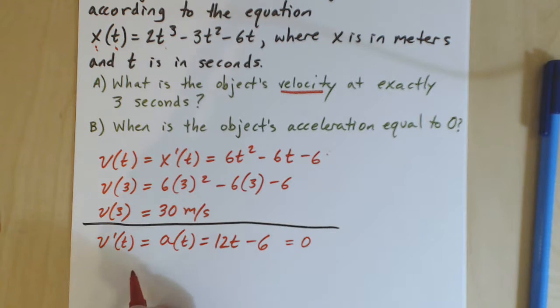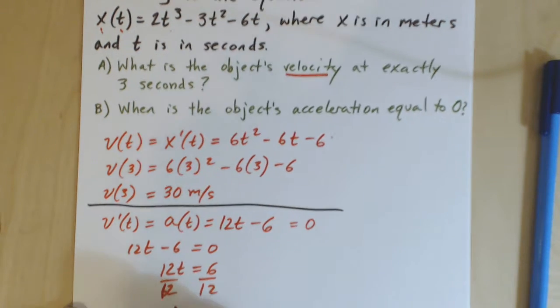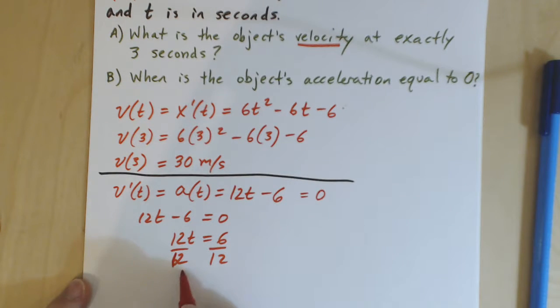So when does this equal 0? Let's set that equal to 0: 12t minus 6 equals 0. At this point, it looks pretty easy to solve this for t. So 12t, I'll add 6 to both sides, equals 6, and divide out the 6 and the 12, and t is equal to 0.5.